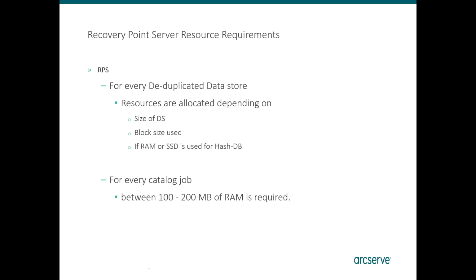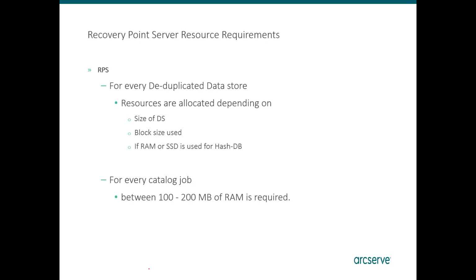For every dedupe data store, remember, we require some resources. It really depends on size and the block size that's used on that data store. You can create multiple data stores on the RPS. Just keep in mind, you can't do our global deduplication across data stores. When we do a catalog, we have to create an acknowledgement of the file structure, so that takes time and resources.